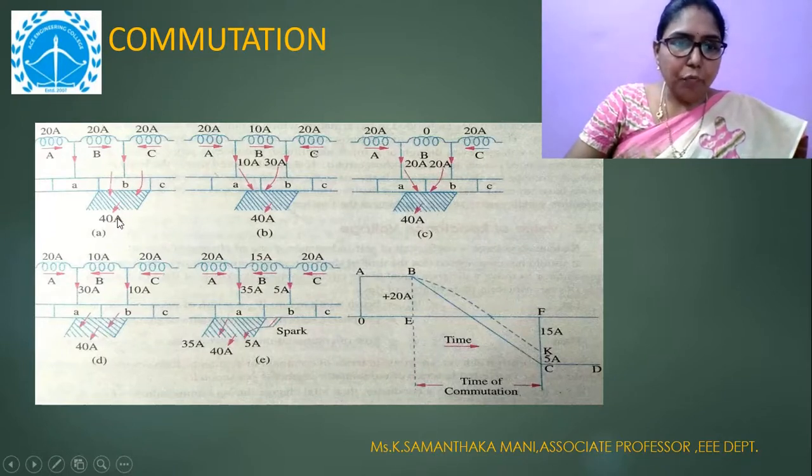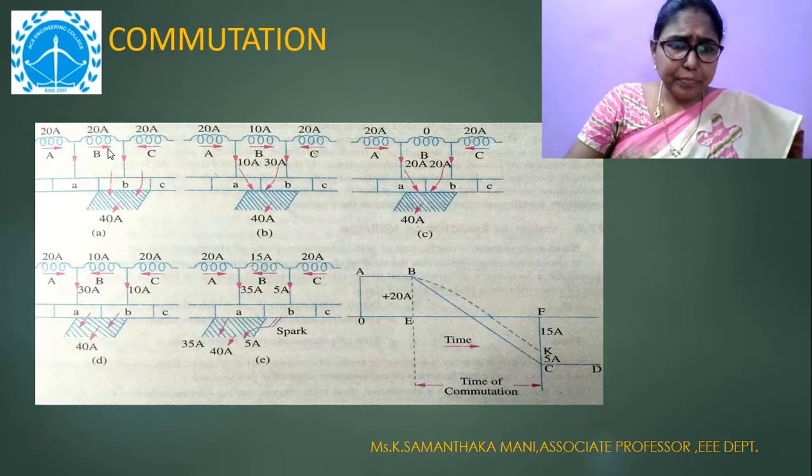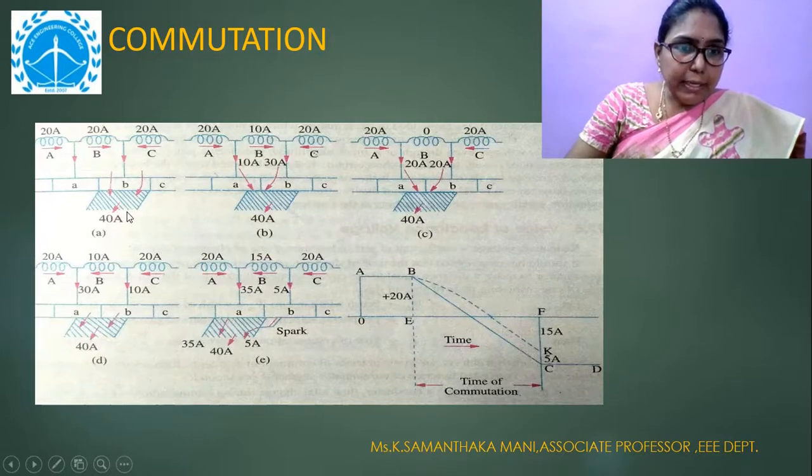How is it collecting 40 amperes? Each coil is supplying 20 amperes. Here 40 amperes is being collected by the brush, out of which 20 amperes has been supplied by coil B through this path.